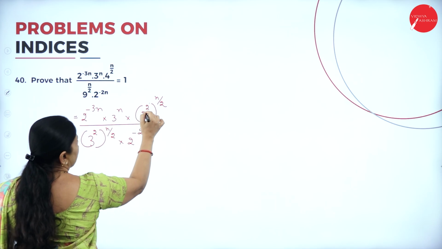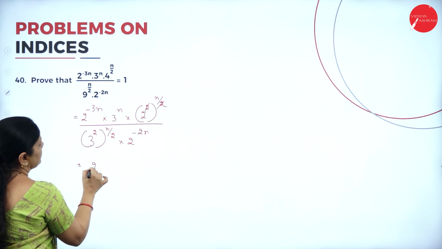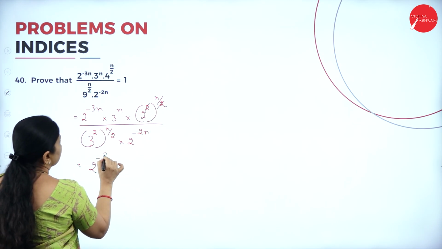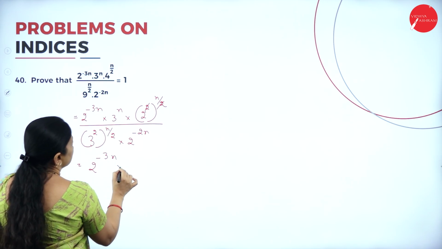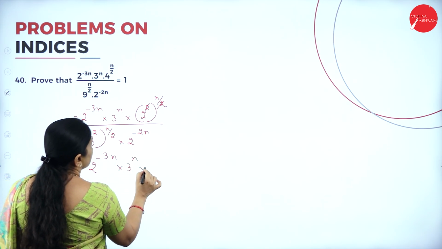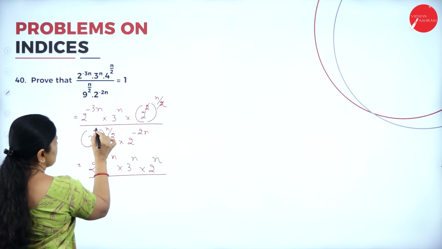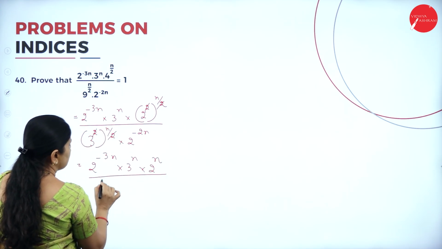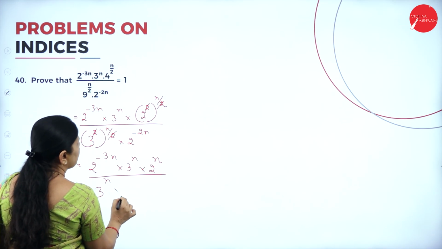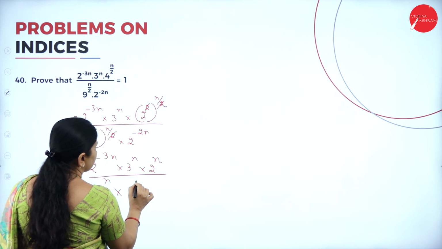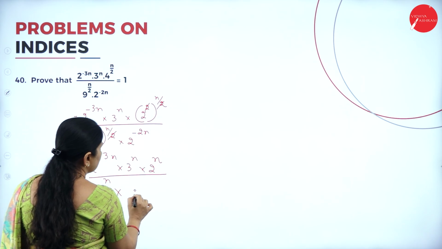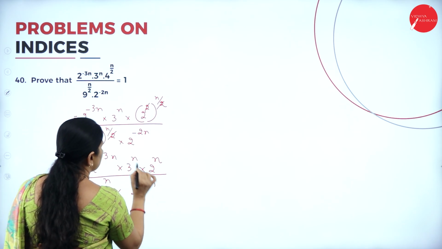So when I simplify this further, I will get 2 to the power of minus 3n into 3n into 2 to the power n, whole over. So this 3 and 3 get cancelled. So 3n is remaining into 2 to the power of 2n is 2 to the power of minus 2n.